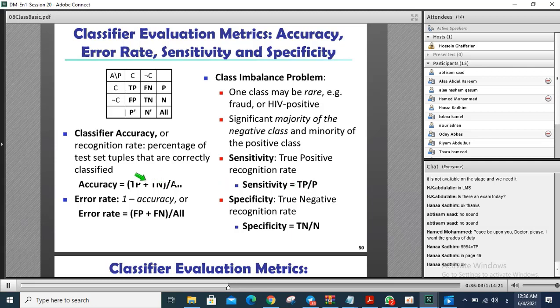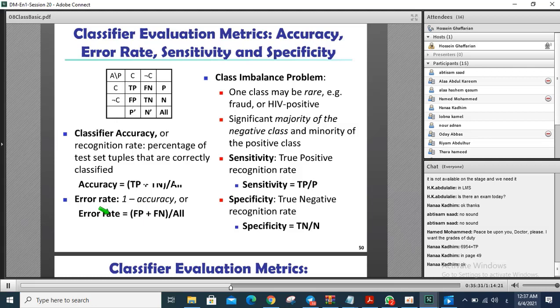Okay, so you can find the value of accuracy. The accuracy is a value between 0 to 1. And also you can say that the error rate is 1 minus the accuracy value.